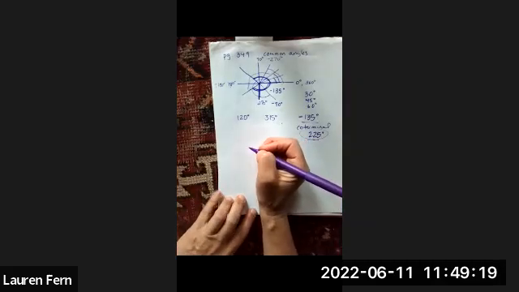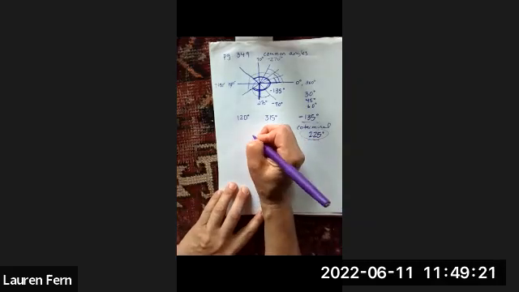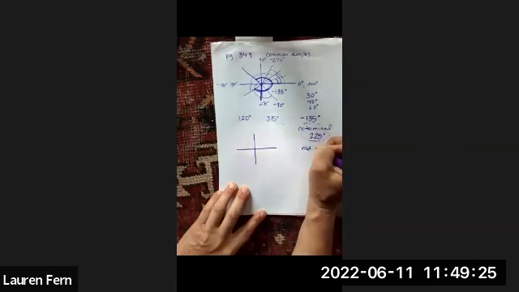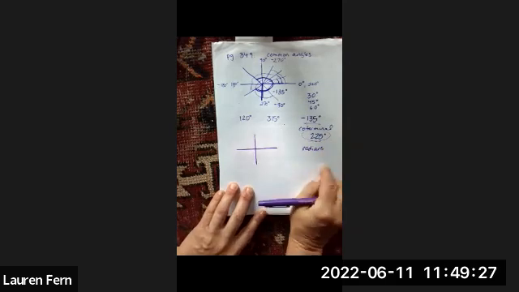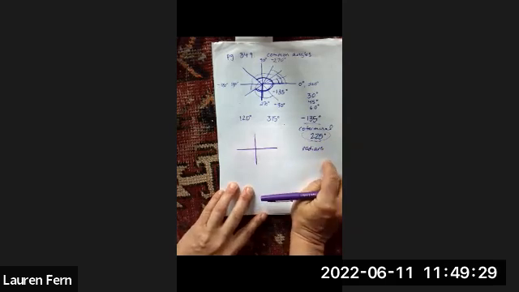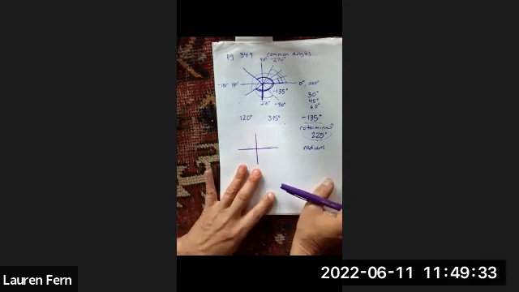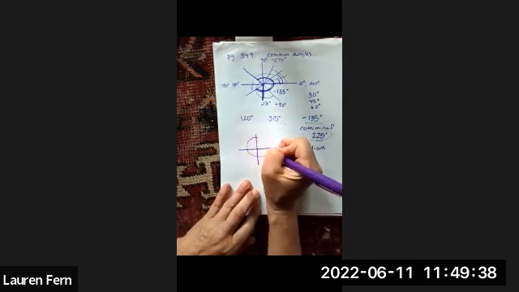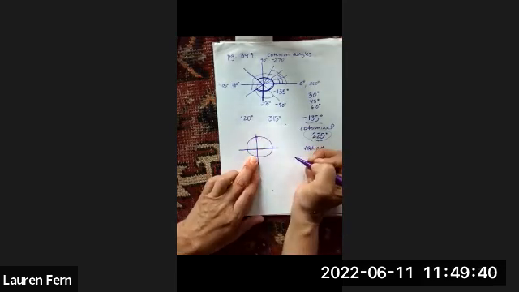The cool thing about measuring things in radians is it's a unitless measure, and that can actually be extraordinarily helpful. So if I have a circle, pretend that's a circle.